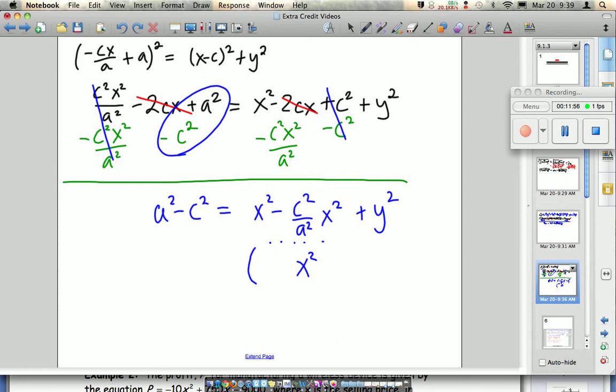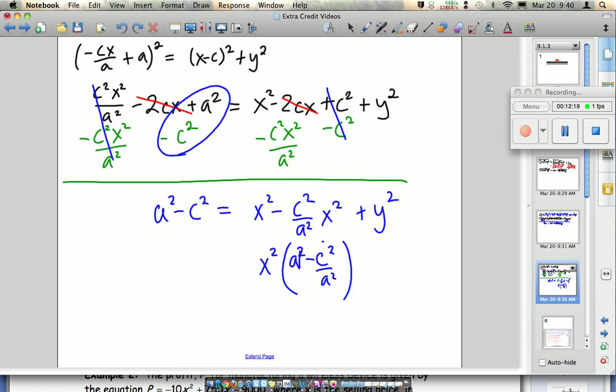and rewrite this as x squared times 1 minus c squared over a squared. I'm not really liking that. I think I'm going to make a common denominator. So my common denominator will be a squared.